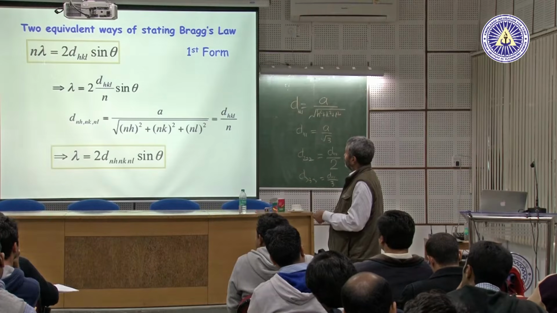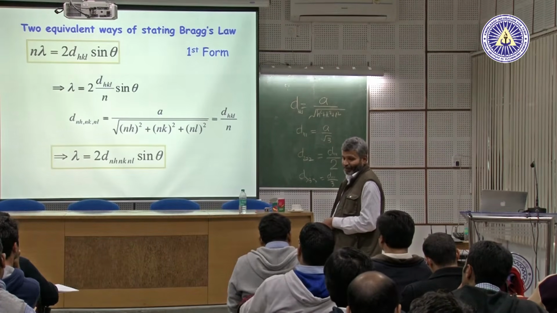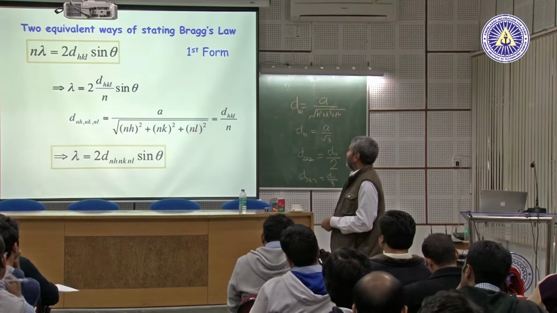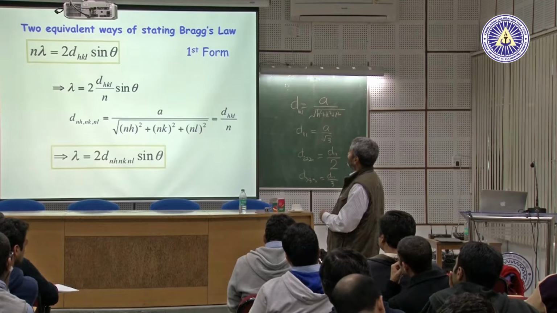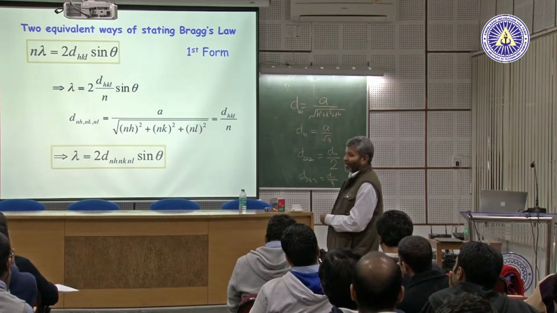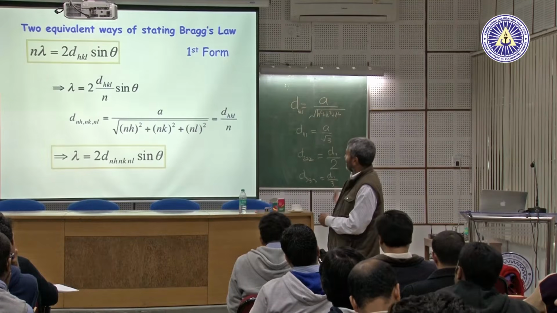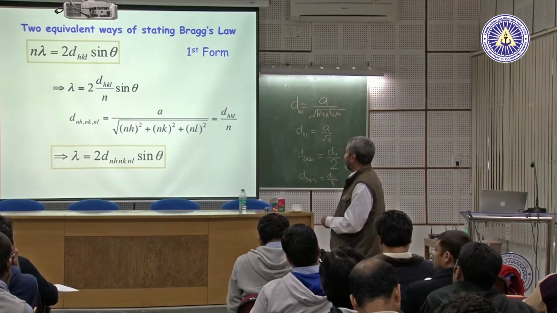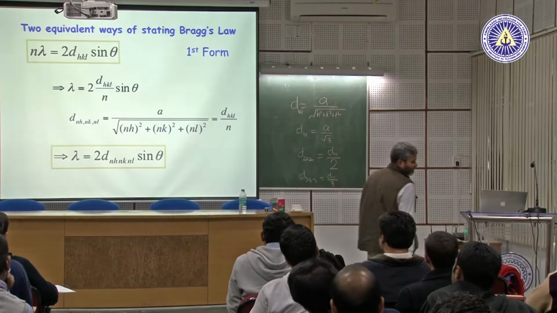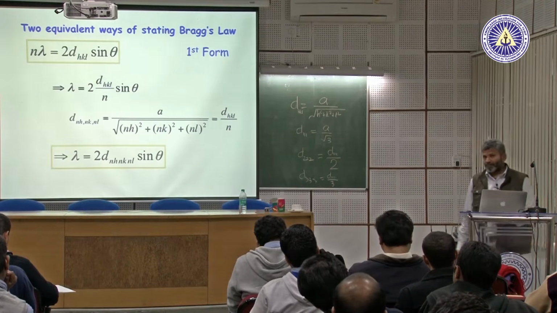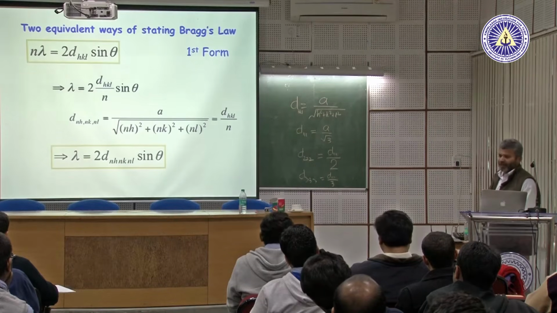Despite teaching all this, some of the slides are directly from my class in IIT Delhi, when you ask the question in the exam, they start with n lambda is equal to 2d sin theta and then get mixed up how to find n, sometimes assume something, sometimes calculate it in some arbitrary way, but nothing is required. The final useful form of Bragg's law is lambda is equal to 2d sin theta, where n is not there. But you should know that n is in a way there, but is absorbed in d.